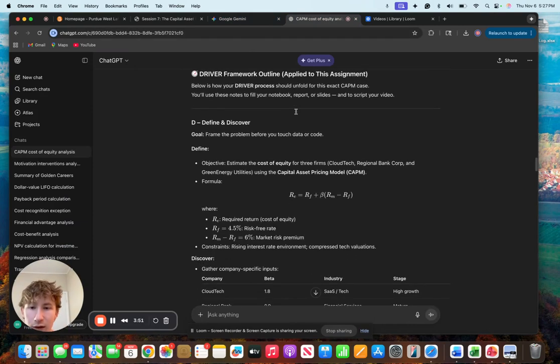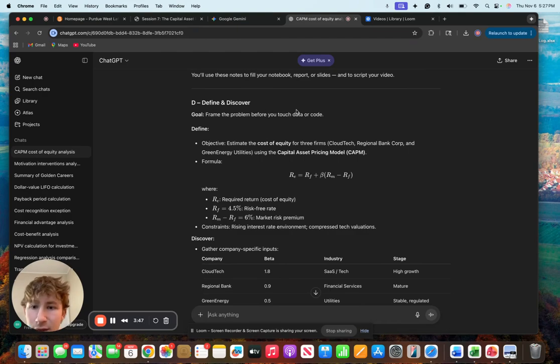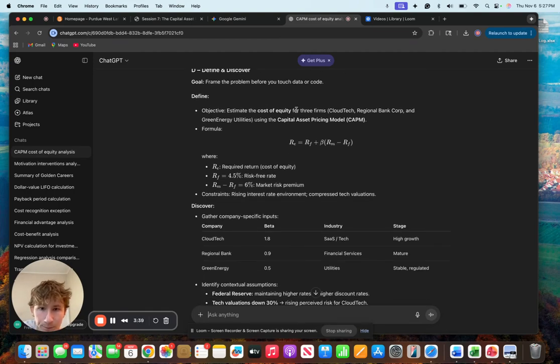Using the DRIVER framework, we start with D, which is define and discover. Our initial objective is to estimate the cost of equity for the three firms using the capital asset pricing model, where required return equals risk-free rate plus beta times the market risk premium.